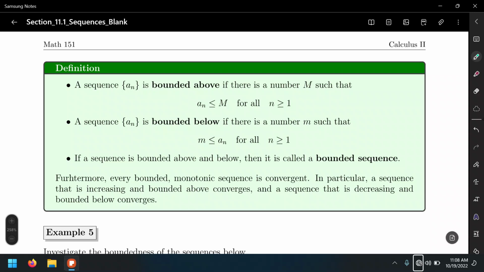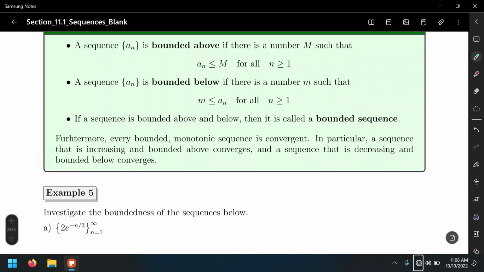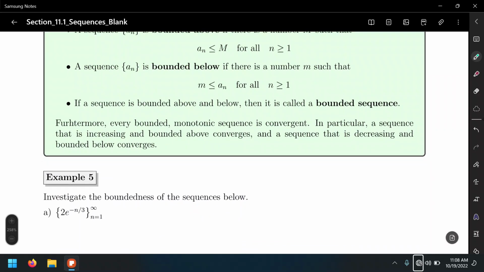Alright, and in some cases we have sequences that have both a bound above and a bound below. And we're going to look at those special cases, and when the sequence is both bounded above and below, we don't say it's bounded both above and below, we just say it's bounded. So the word bounded itself implies boundedness above and boundedness below at the same time.